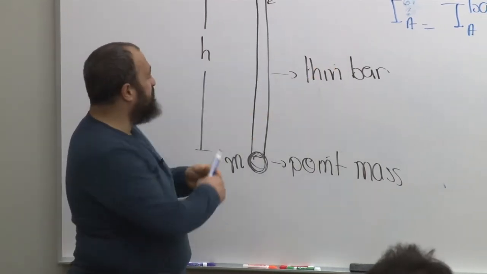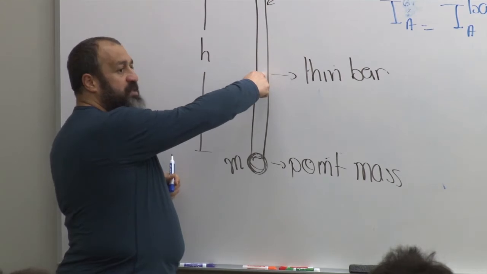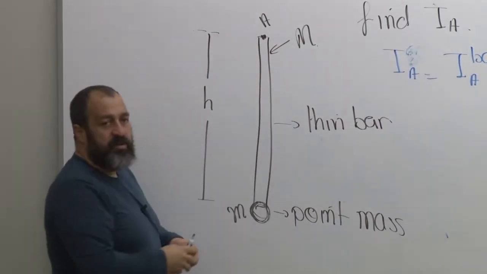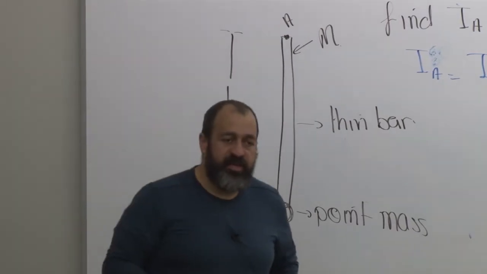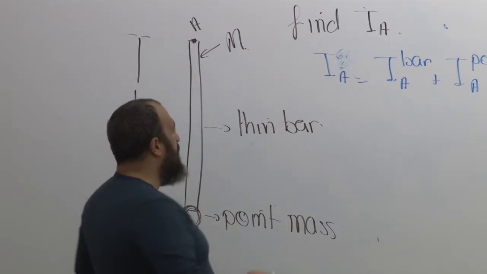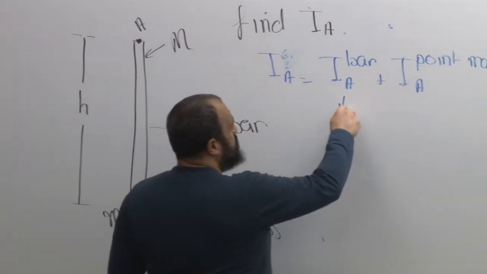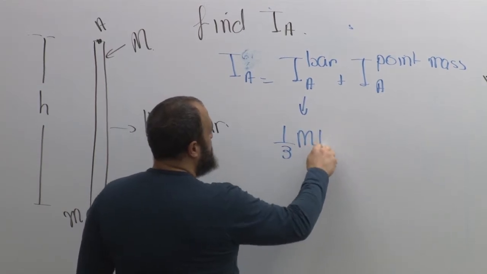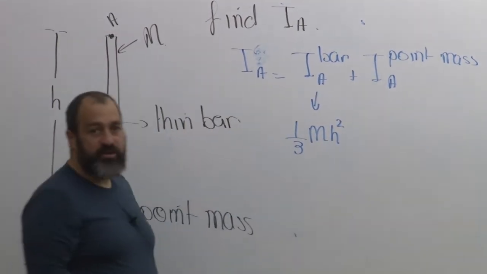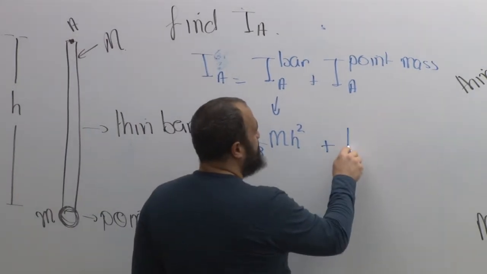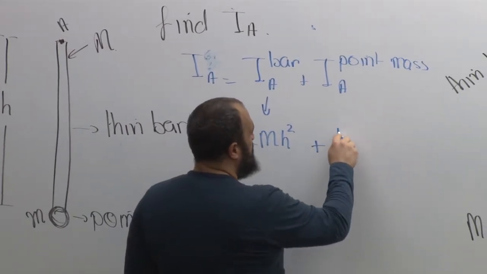About the center, it would have been 1/12 ml squared. About the end, you have to use the parallel axis theorem, which says ICM plus MD squared. Since D was L over 2 all squared, the two components added up to be 1/3 M times H squared for I about A of the bar, if the length is H. And the moment of inertia of the point mass is simply equal to mr squared.